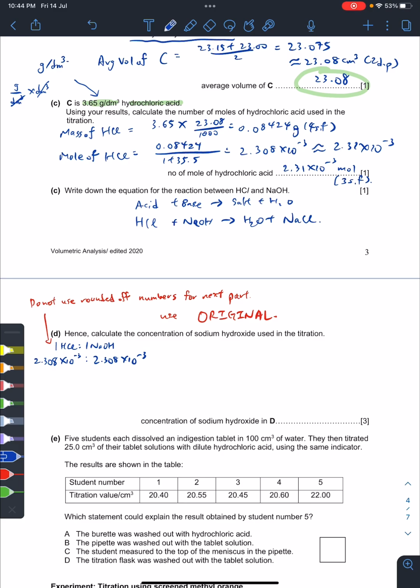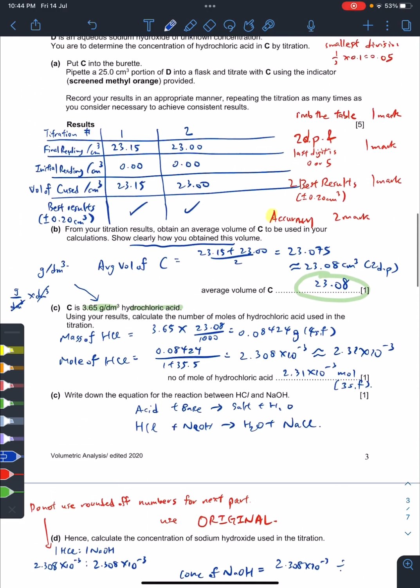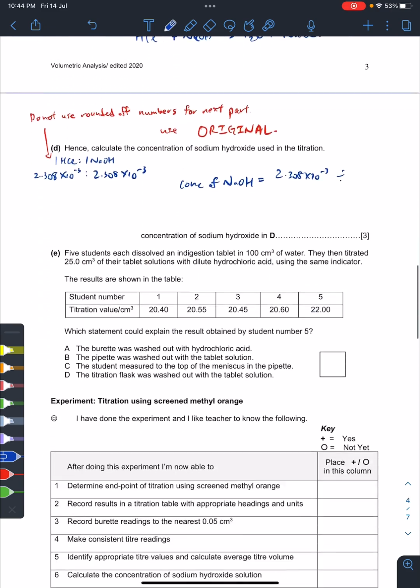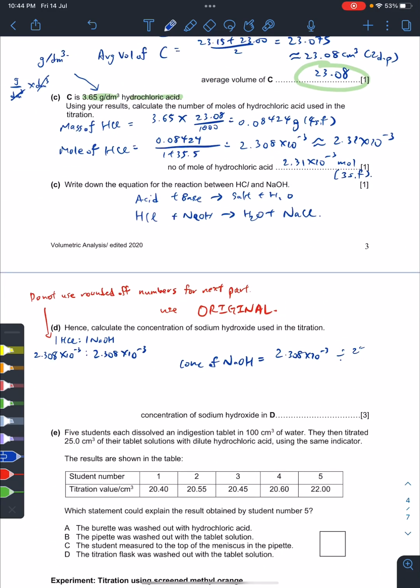They want concentration. We are almost there. So concentration of NaOH, mole, which is 2.308, divided by volume. So let's take a look. What's the volume of NaOH, which is D? 25. 0.09232.